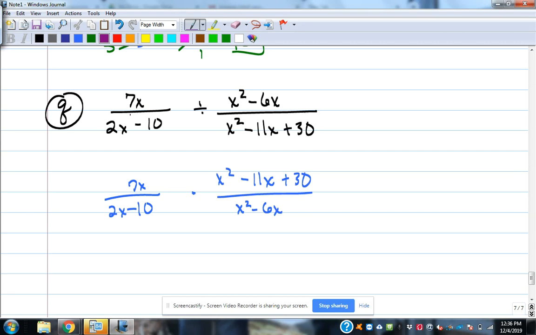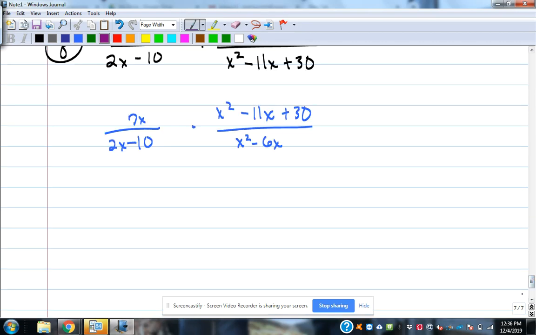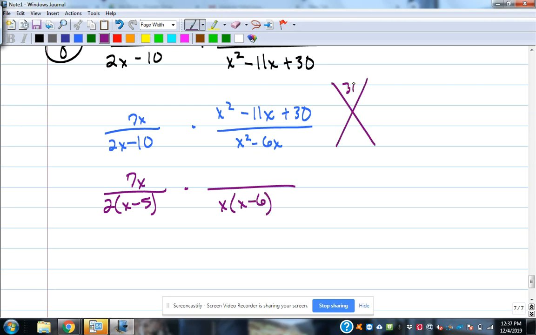All right. Same old rules. Factor, cancel out. So 7x, 2 times x minus 5, x minus 6. And I'm going to do the x method on the 30 and negative 11. What multiplies to be 30 has to add to negative 11.